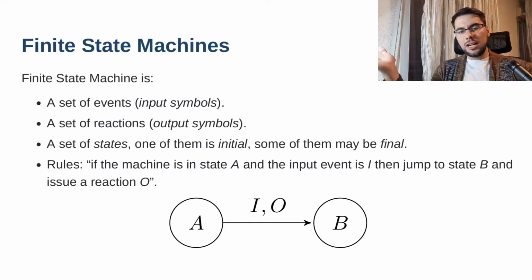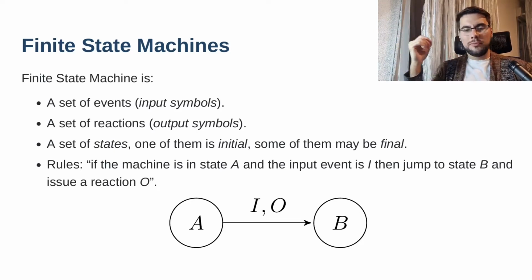Finite state machines are observing the external world and reacting to the events. And the reaction depends on the exact state they are in. So once an event occurs, the machine checks the rules of transitions associated with the current state.